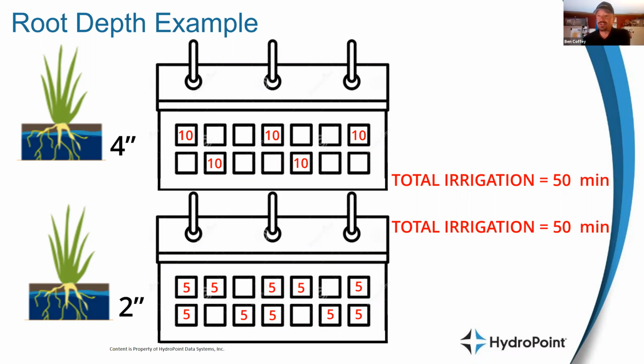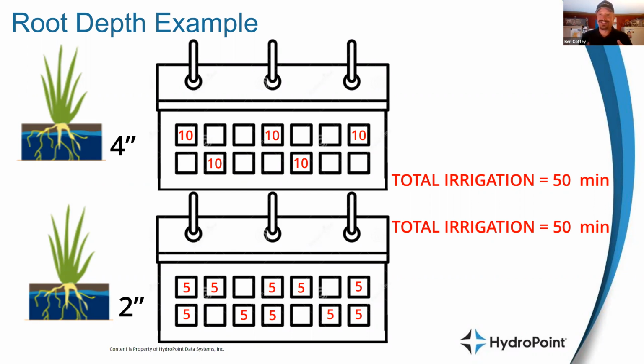Absolutely. In fact, one of my super advanced users has trained his root depth for his turf down to 10 inches, where most of our users see their turf at about 4 inches. He just continually did exactly what Ben said. Season after season, he would bump the root depth down 1 inch at a time and continue to saturate underneath the roots, driving them farther and farther down into the soil, and really making that plant healthier and more drought tolerant.